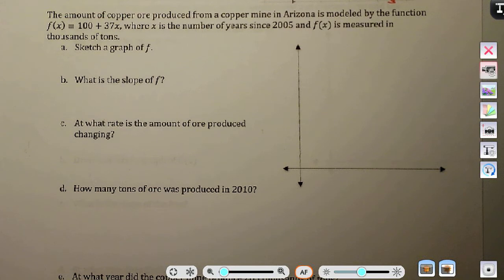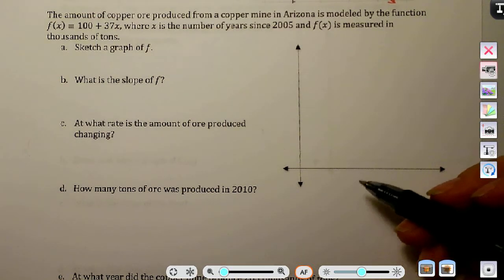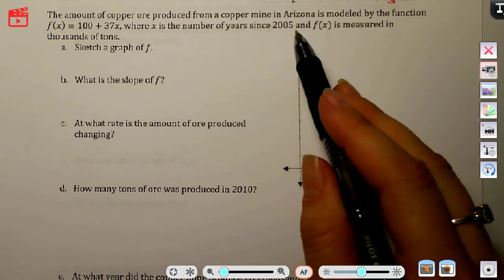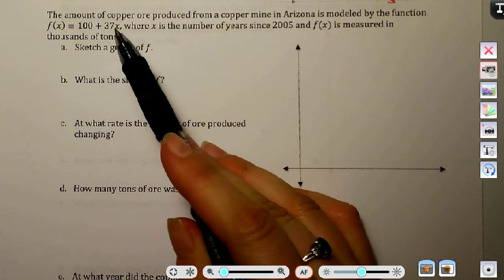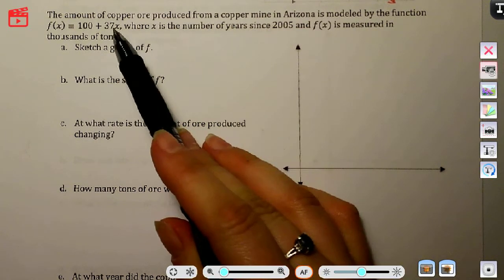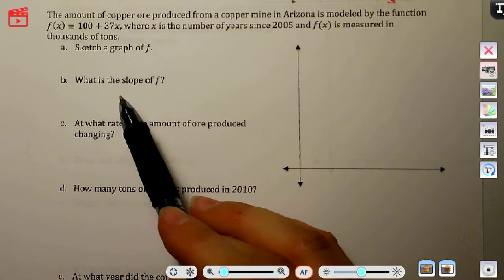Normally when we graph the number of years, we're probably going to go by ones. And then tons is a lot. Looking at my slope, I'm going to jump ahead here a little bit.